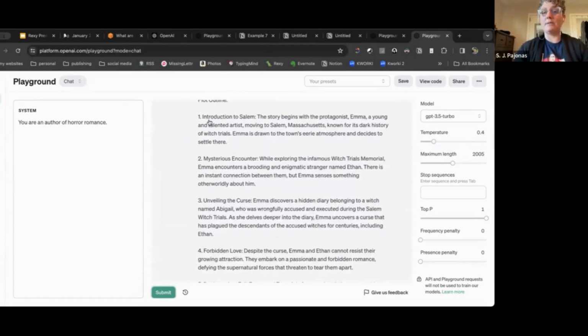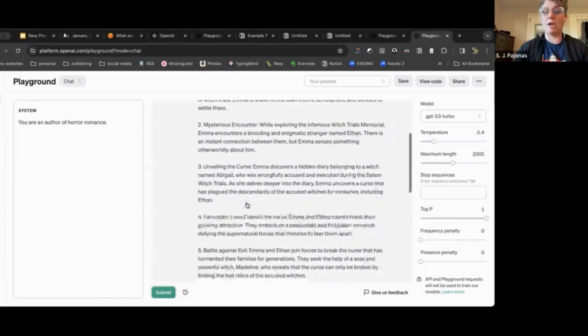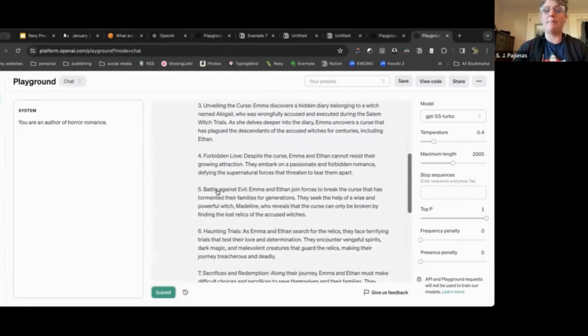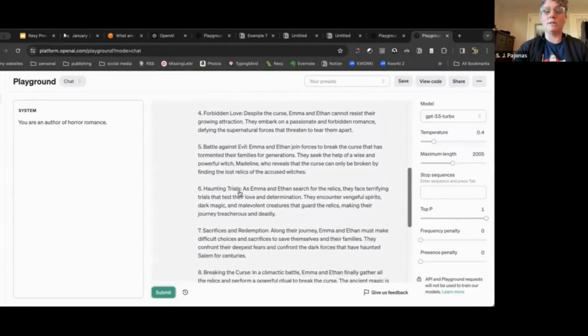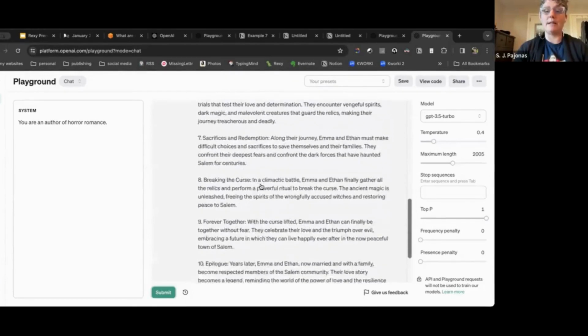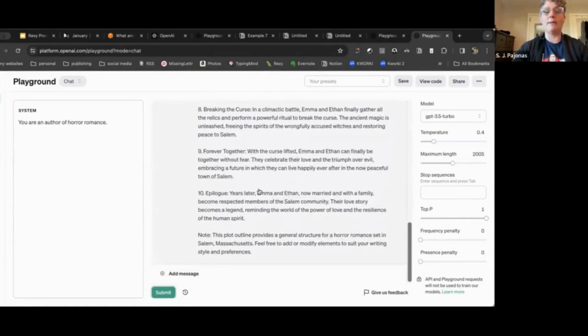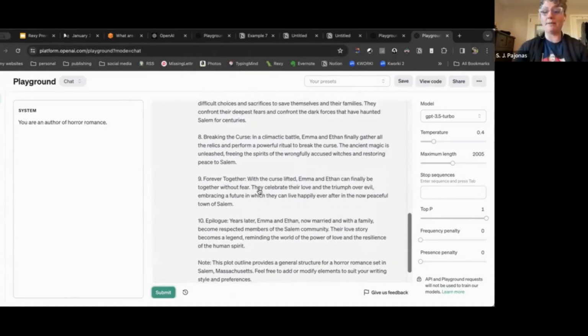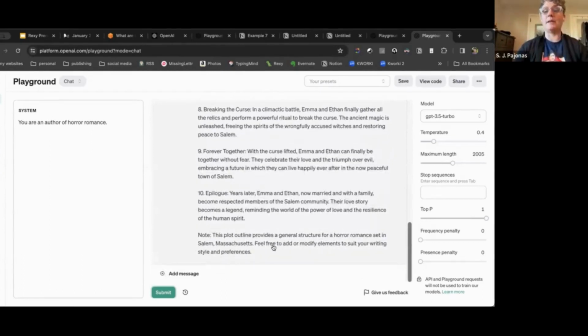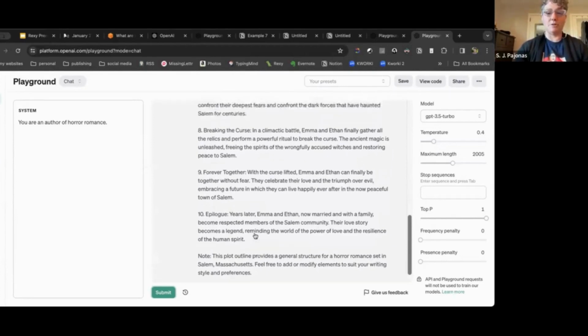But it is giving us the points of the story: introduction to Salem, a mysterious encounter, unveiling the curse, forbidden love, battle against evil, haunting trials, sacrifices and redemption, breaking the curse, forever together, epilogue. And it's just 10 points, very logical, very sticking with the story idea. And says, even at the end, it provides a general structure for a horror romance set in Salem, Massachusetts.